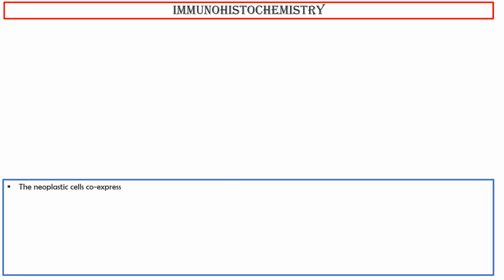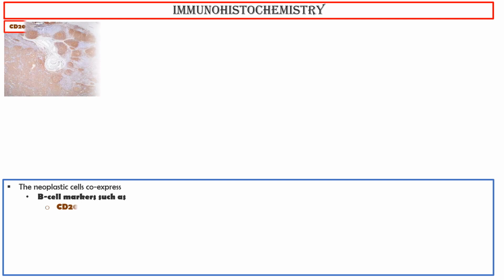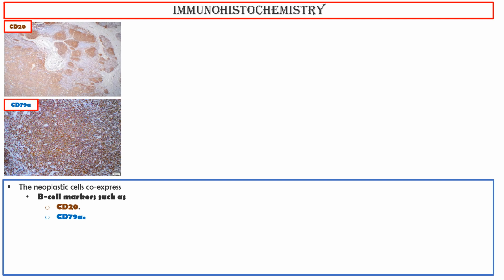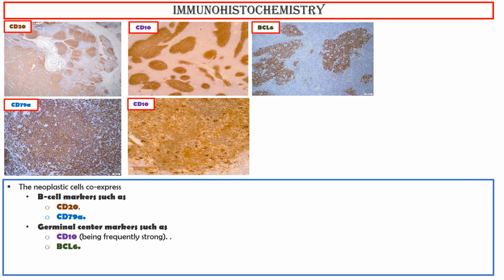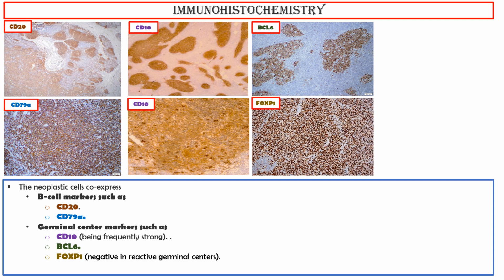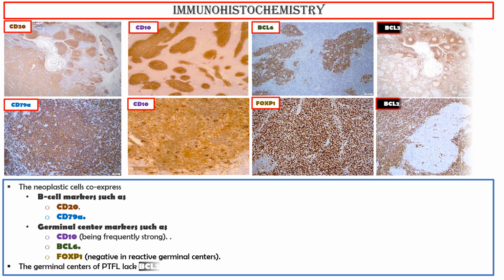Immunohistochemistry. The neoplastic cells co-express B cell markers such as CD20, CD79A, germinal center markers such as CD10 being frequently strong, BCL6, FOXP1, which is negative in reactive germinal centers.